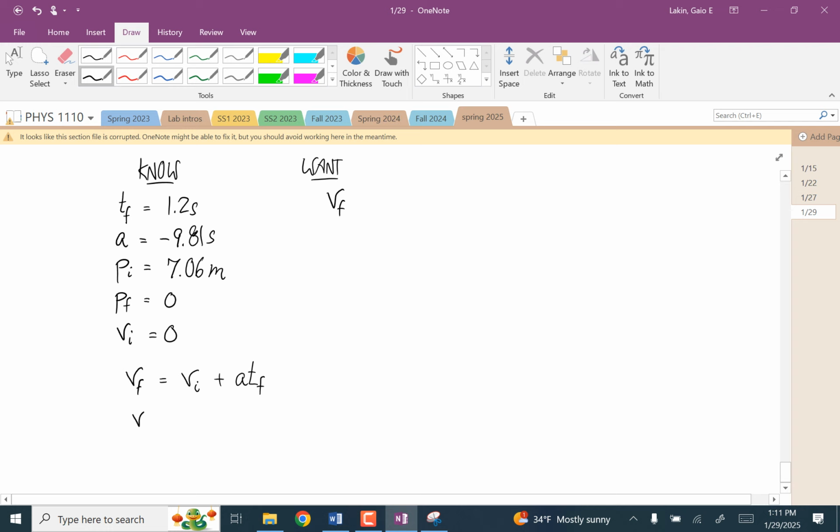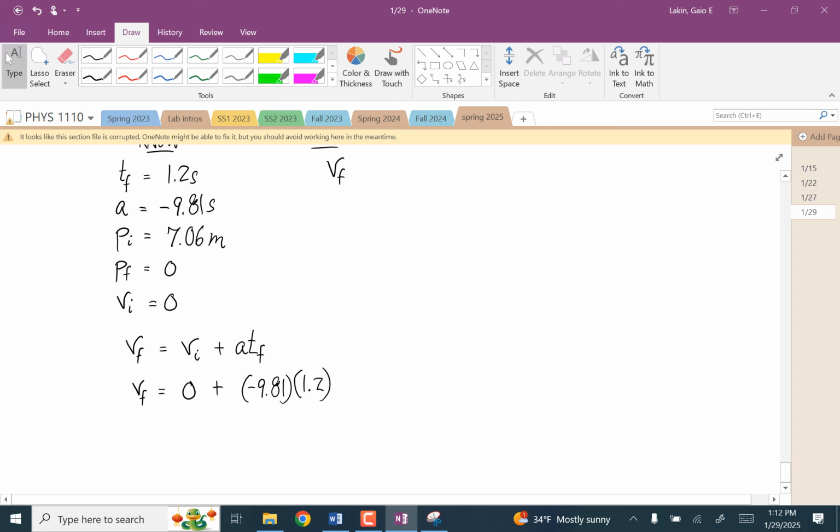So V final is equal to 0 plus negative 9.81 times 1.2. And so you get that V final is equal to negative 11.77 meters per second.